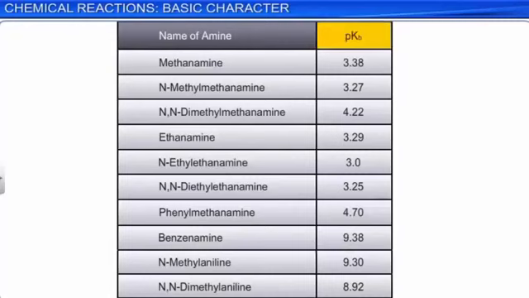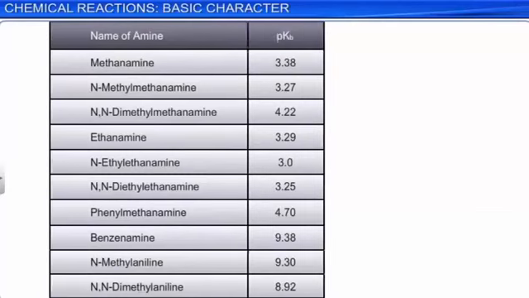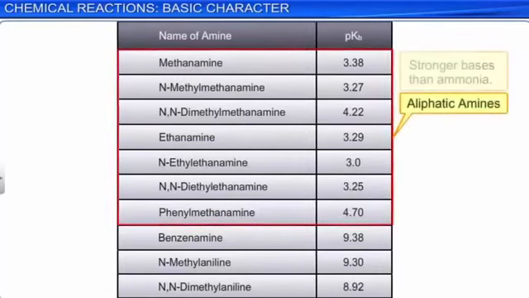The larger the value of Kb or smaller the value of pKb, the stronger is the base. By observing the pKb values listed in the table, we can say that aliphatic amines are stronger bases than ammonia. On the other hand, aromatic amines are weaker bases than ammonia.